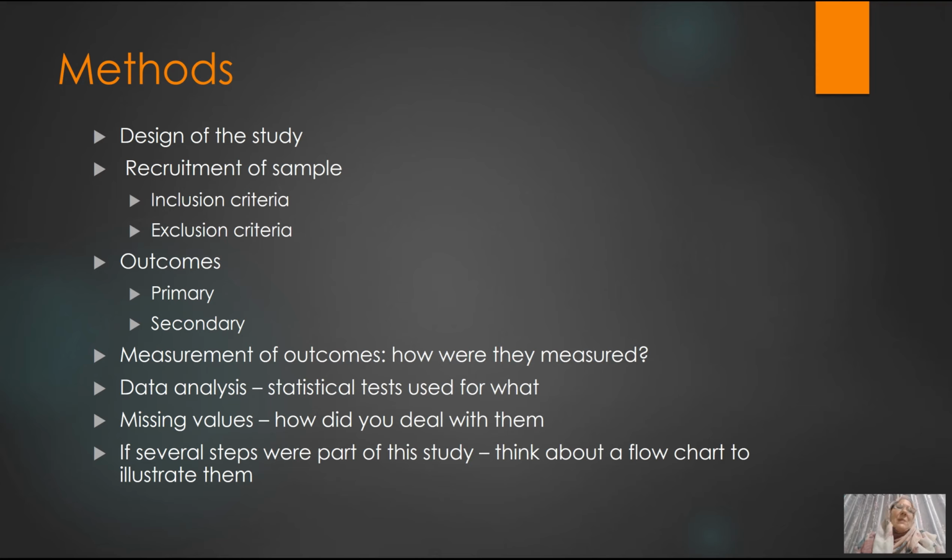Most research has missing values, and you have to describe in this passage as well how you dealt with missing values. And finally, if you had several steps as part of the study, you could think about adding a flow chart to illustrate them. This is also sometimes good if you have a large sample.